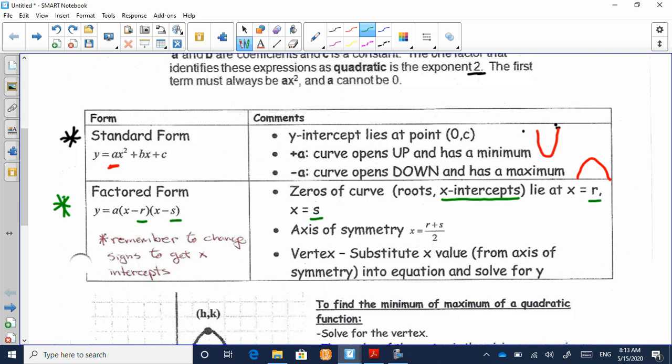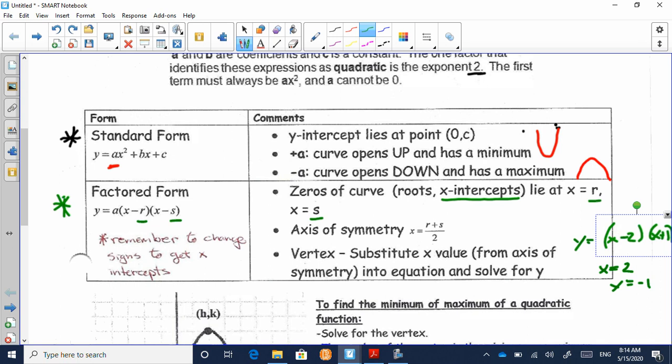So if, for example, it was y equals (x minus 2)(x plus 1), then we know that the zeros are x equals 2 and x equals negative 1. Just remember that those are the x-intercepts. You've got to change the sign.